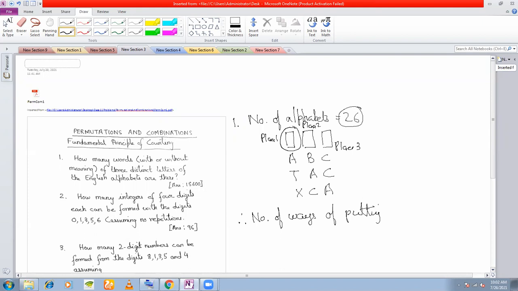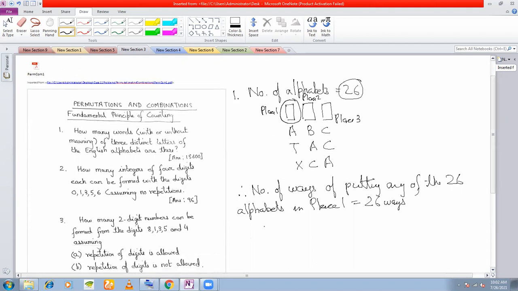Number of ways of putting any of the 26 alphabets in place 1. And how many ways can I put? I can either put A or B or C or D and so on. So I can put it in 26 ways, right? So place 1 is done. That means now place 1 is occupied. I have put any of the letters A or B or C or D up till Z.